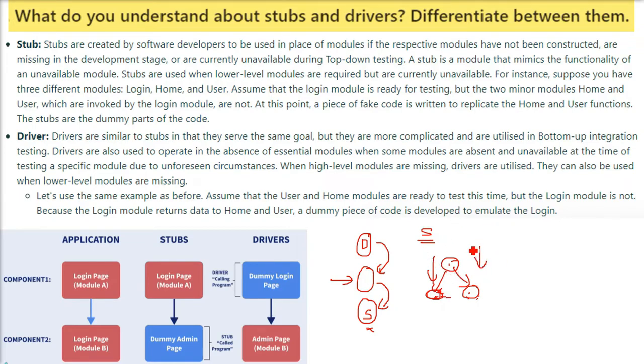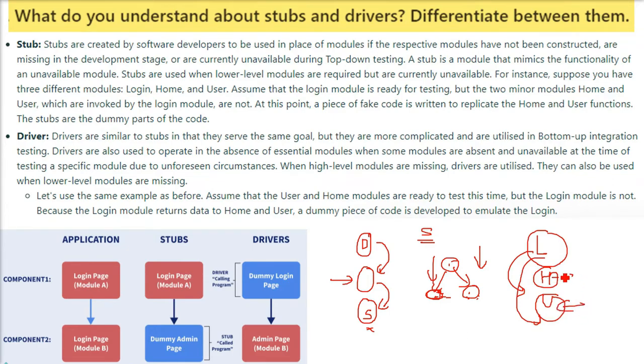Please remember, we have a login, and we have a home or a user. Now the login is ready for testing, but the home and user modules are not ready. The login module has to be tested, but without home and user we cannot check.